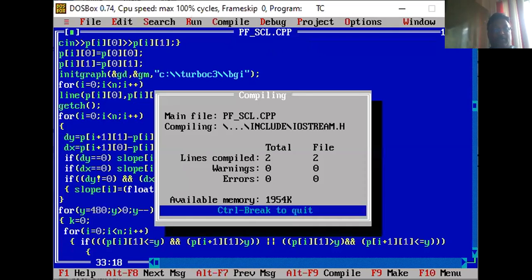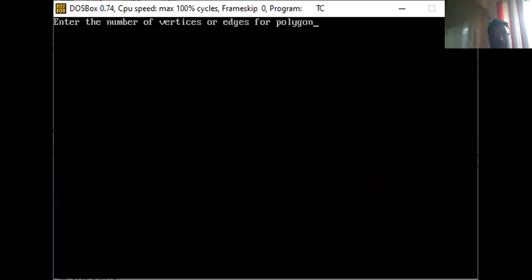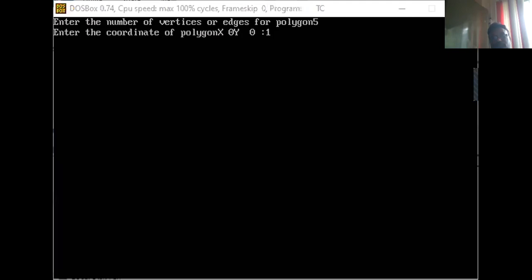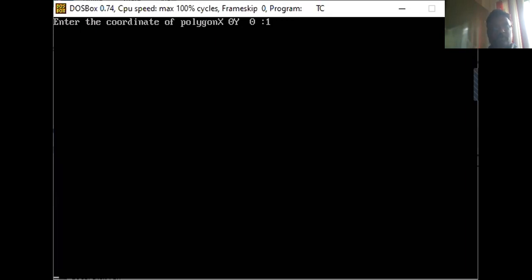Again I have to compile, only I have changed the loop. So again I have considered suppose 5, then 10, 10. Okay. So this is my 10, 10 variable. 10, 10.